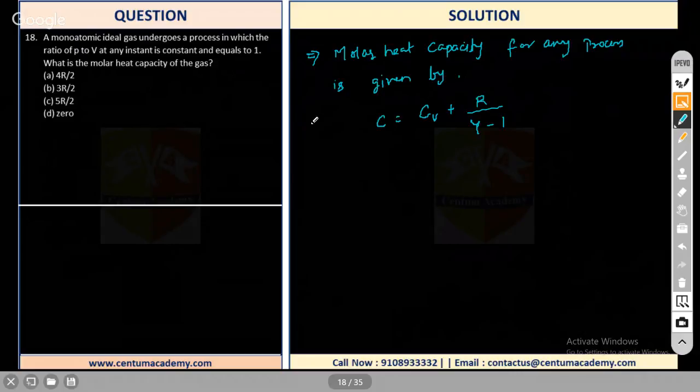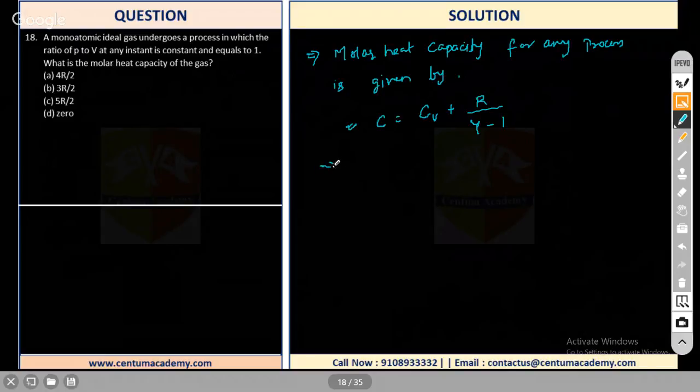Now you see, a monoatomic ideal gas, this you have to memorize. A monoatomic ideal gas undergoes a process in which the ratio of P to V at any instant is constant and equals 1.